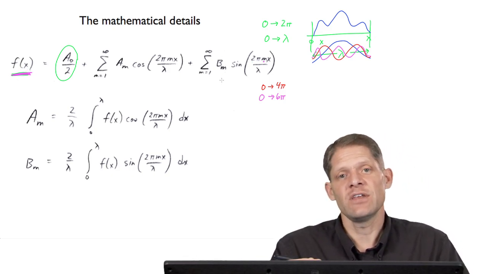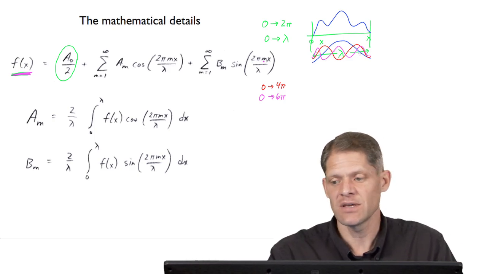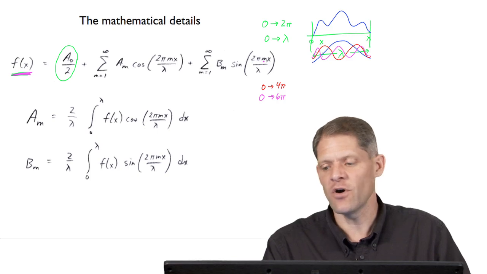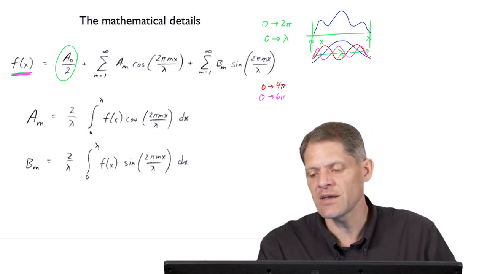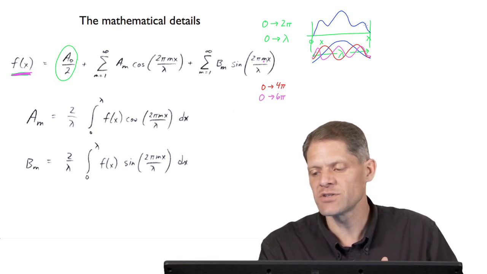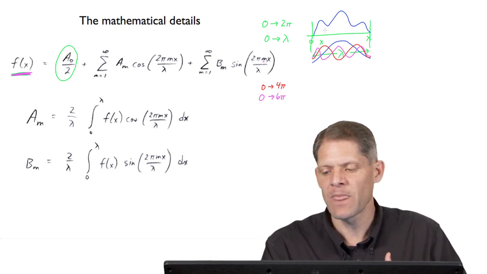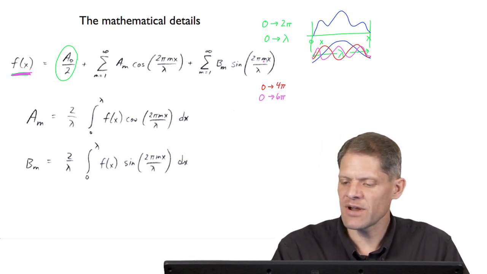In addition to having its own amplitude, saying how much of each wave is present, each one also has its own phase shift, which would slide it back and forth left or right as necessary to match the original function that's being decomposed. Now this phase shift can be introduced as a phase term.